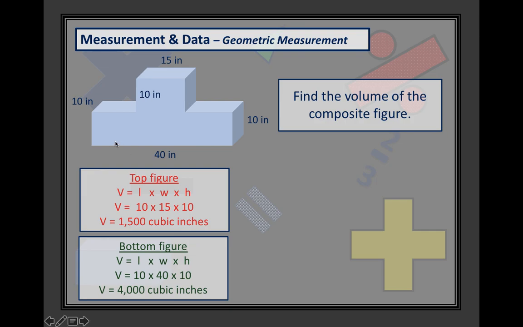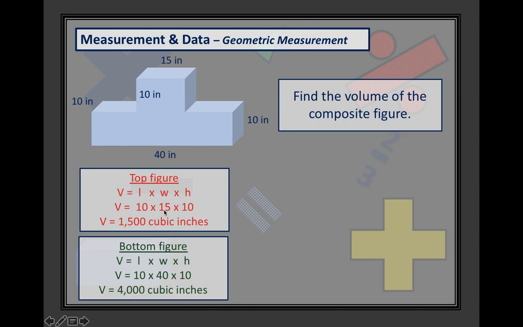Let's take a look at the bottom figure. The bottom figure also has a length of 10 inches, and that is clearly labeled. It has a width of 40 inches going across from side to side, and then it has a height of 10. For that figure, they're clearly labeled, so that's no problem. I'm going to label it bottom figure so that I can keep it straight from the top figure.